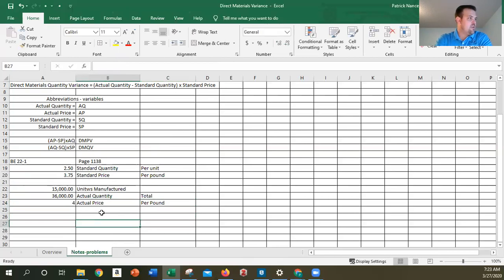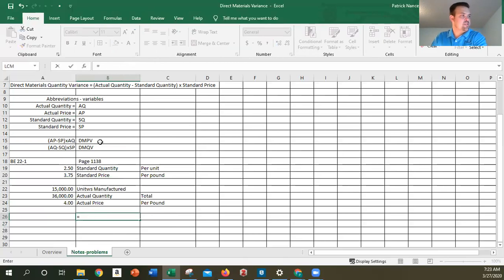Asking first just to find the price variance. My direct materials price variance is actual price minus standard price times actual quantity. So my actual price in this case is the $4.